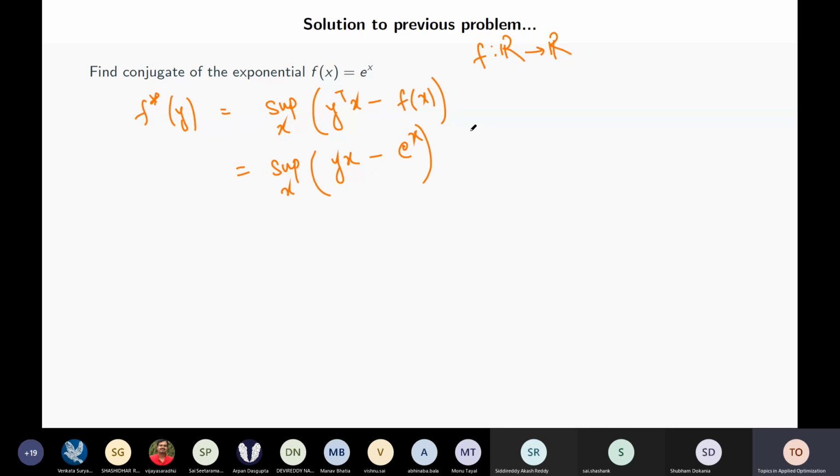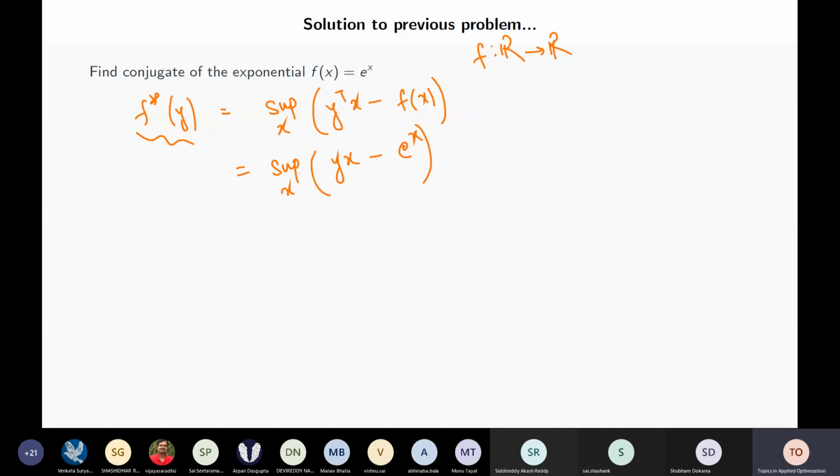Since f star has to be a valid function, we have to avoid those values of y for which this becomes unbounded. We have to allow only those y for which this supremum is not infinity or minus infinity.